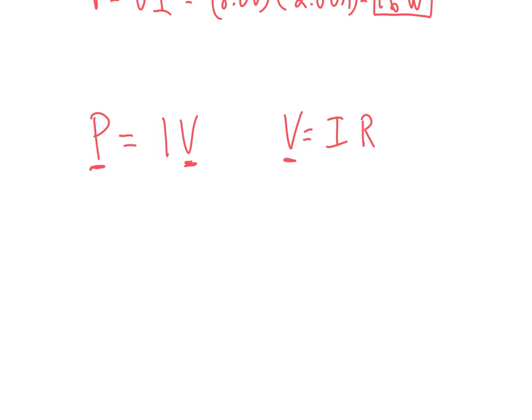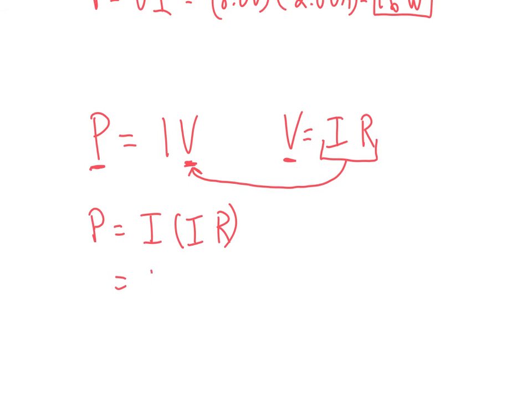Well, there's V and there's V. V is equal to IR, so I'm going to take this IR and put it right in the spot of that V. Then P would equal I, and then in brackets, IR. Using the distributive property from mathematics, I times I is I squared R. And there we are. That's our new formula, which is the formula that we haven't gone over yet or seen an example of.